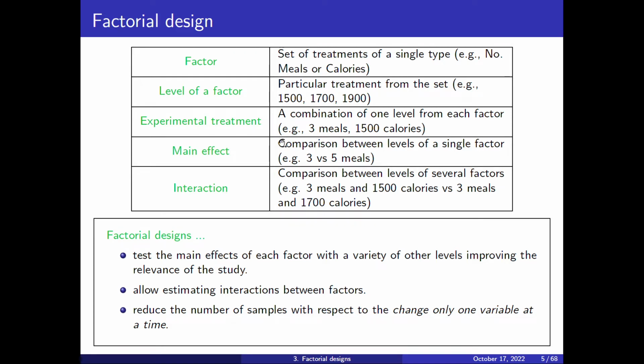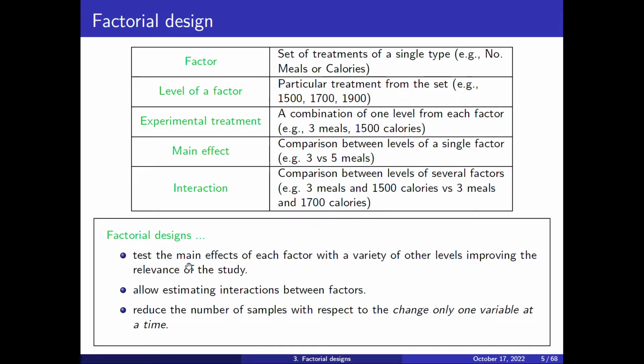Then we can calculate the main effects, which are the contribution of 3 or 5 meals, and we can compute interactions, that is, comparisons between levels of several factors, so 3 meals and 1500 calories versus 3 meals and 1700 calories.